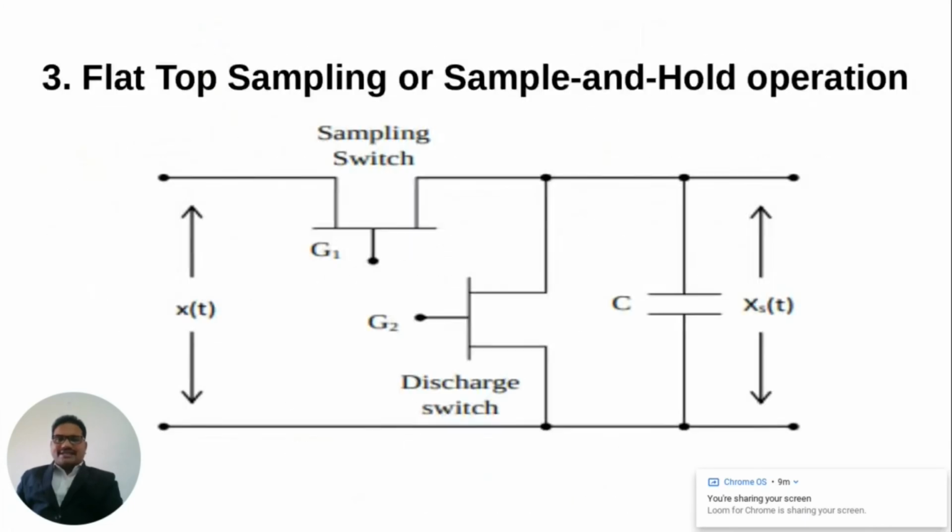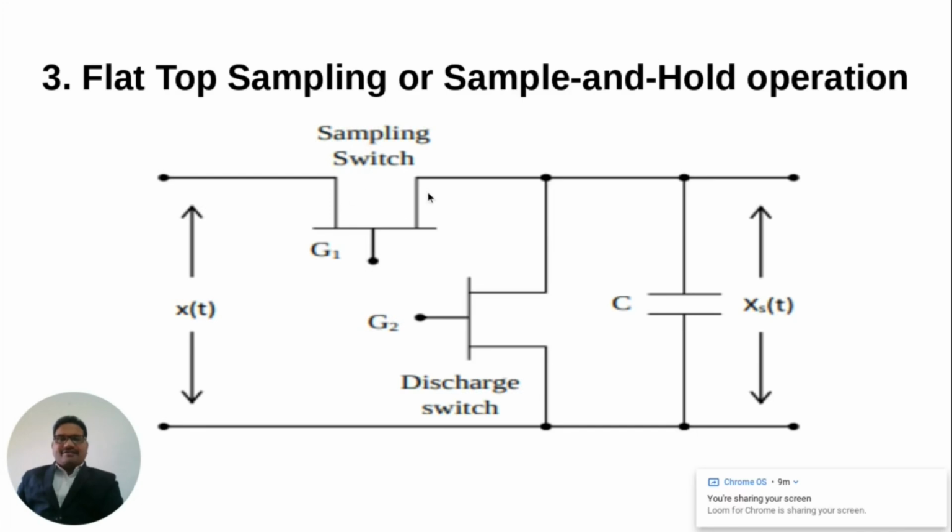Now you can see the circuit diagram of this flat top sampling, or sample and hold operation. By applying a gate pulse to gate G1, which is called the sampling switch, it is closed for a small period.